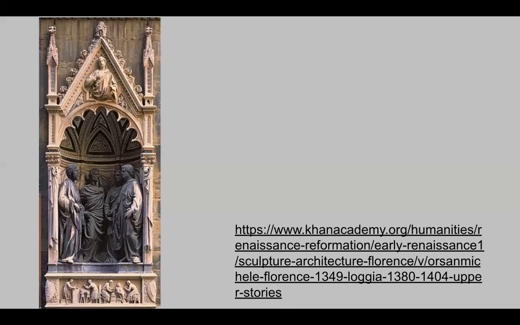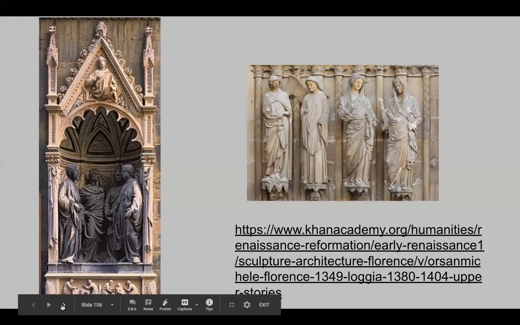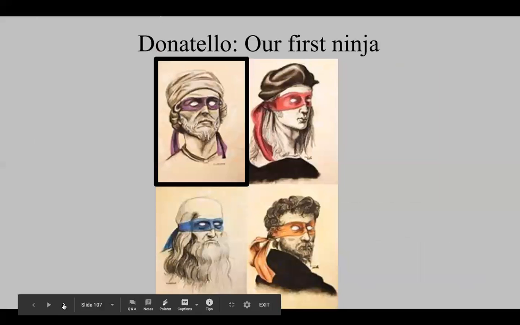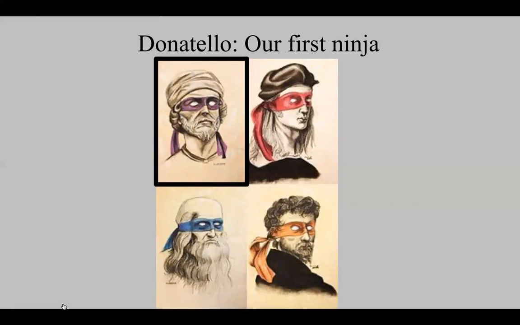You see the pointed arch with all those little flourishes and thin details. So we can see that some of the classicism from France in the Gothic was happening in Italy as well.